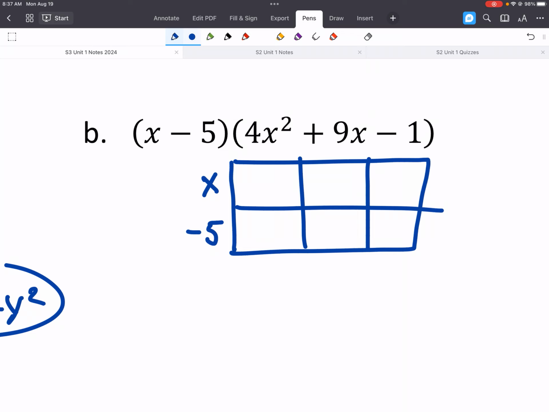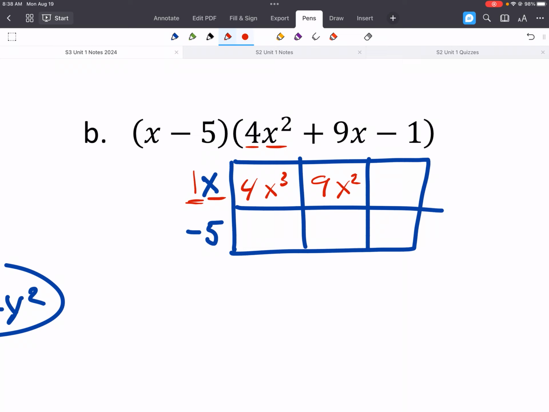And then we're just going to multiply in. If it's helpful, you can always put a 1 in front of that x. So when we multiply, you can multiply the coefficients. So 1 times 4 is 4. x times x squared is x to the third. And then we'll do 1 times 9 is 9, and then we'll have x squared.